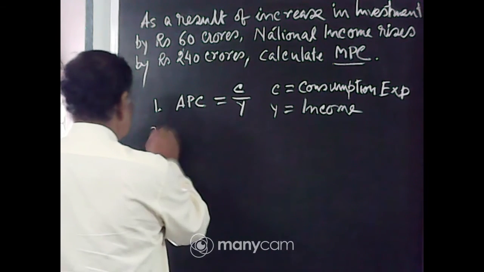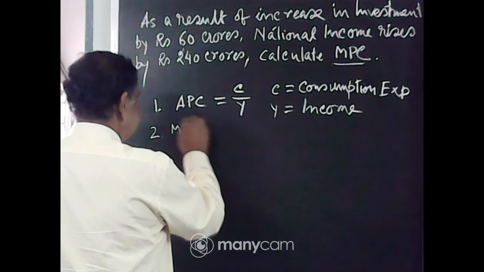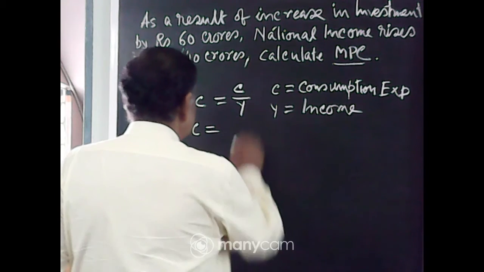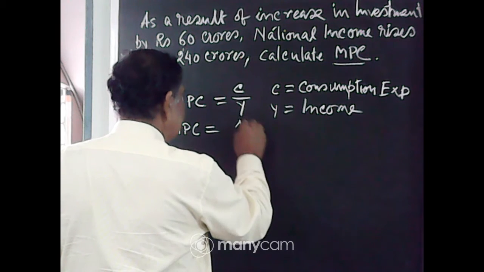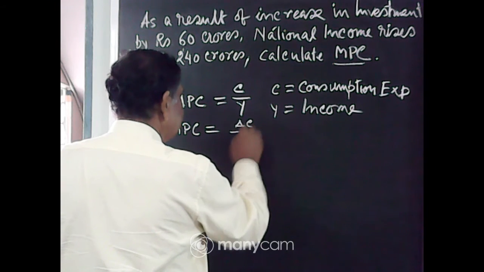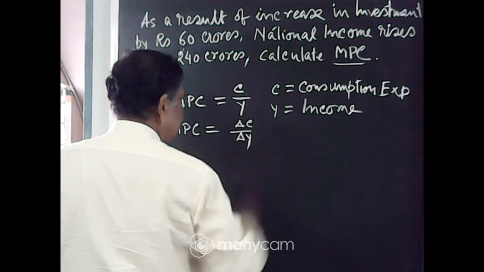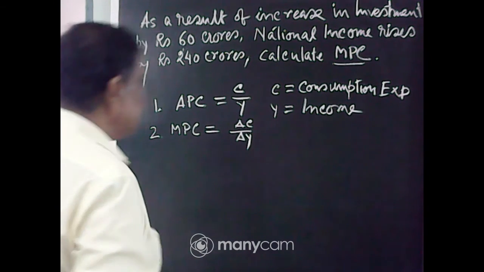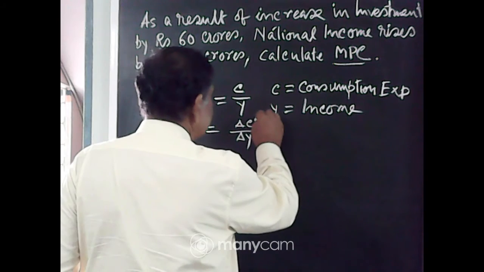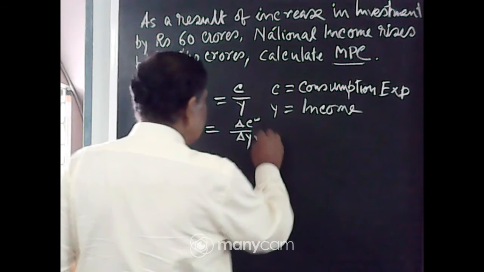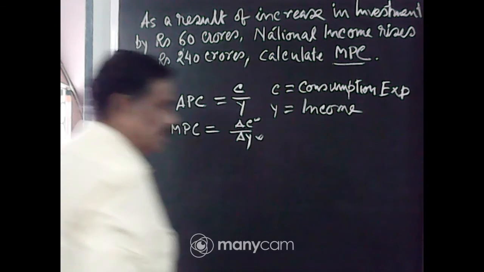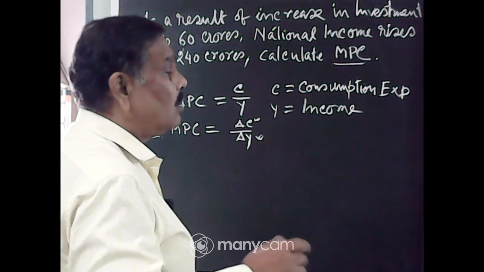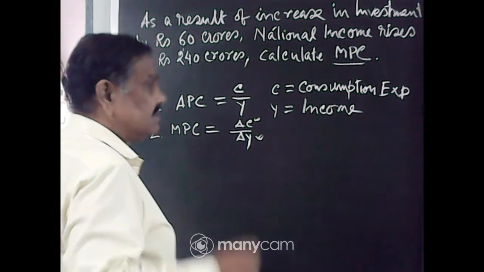Number 2, MPC means marginal propensity to consume, that is delta C by delta Y. Increase of consumption due to increase of income. Delta C is the increase of consumption and delta Y is the increase of income. Suppose your income was rupees 5,000, now your income becomes 6,000.